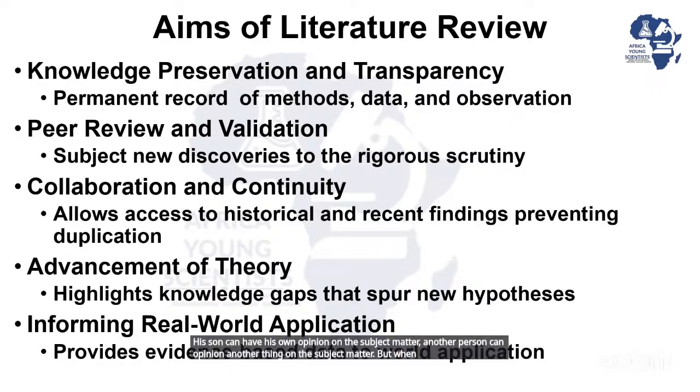But when it comes to science, you can't just form an opinion because it has to be subjected to tests. And when those tests are found to be true, then it becomes a theory kind of a thing. So peer review helps you subject some of this information to rigorous scrutiny.